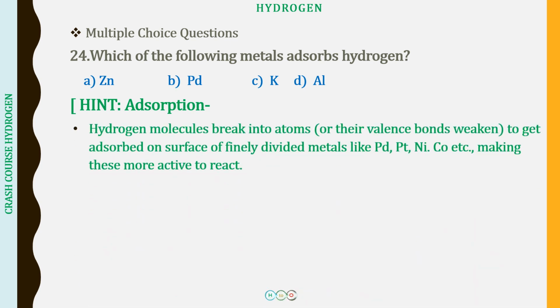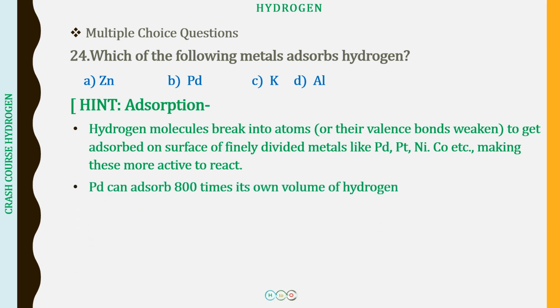Hydrogen molecules break into atoms, or their valence bonds weaken, to get adsorbed on the surface of finely divided metals like palladium, platinum, nickel, cobalt, etc., making these more active to react. So as far as the question is concerned, you all will be able to see that it is going to be palladium, which is the metal which is going to adsorb hydrogen, and generally hydrogen gets adsorbed on the surface of the transition metals.